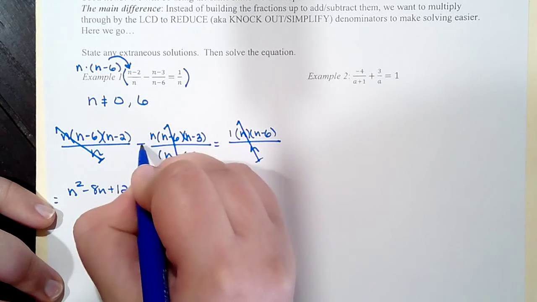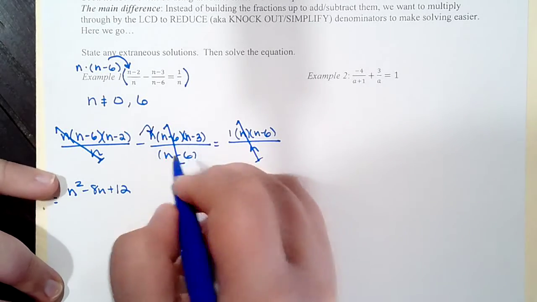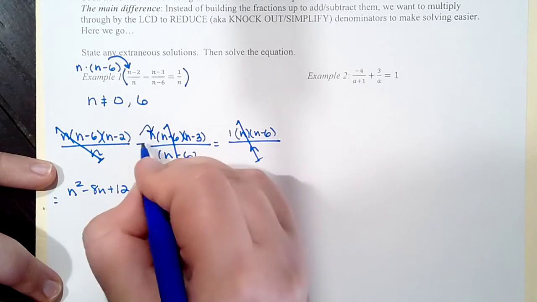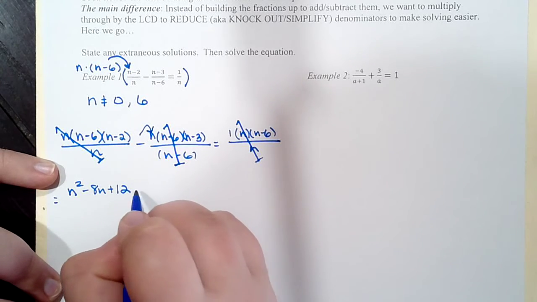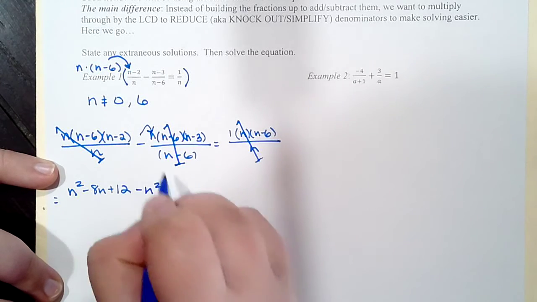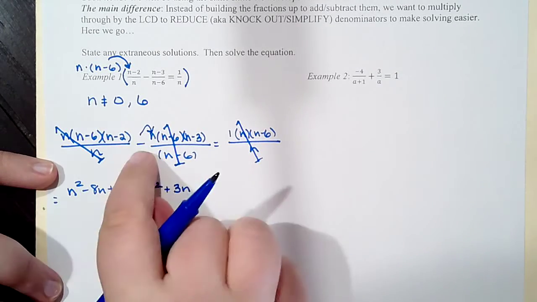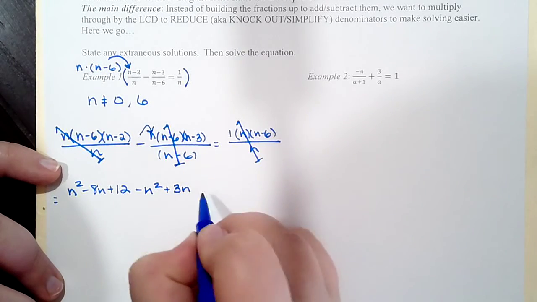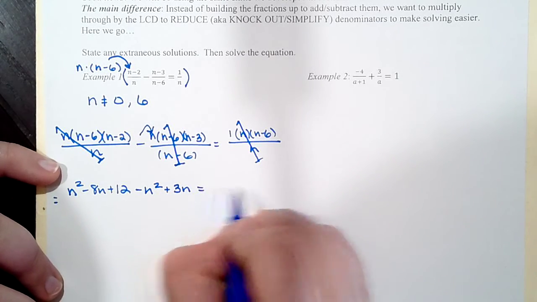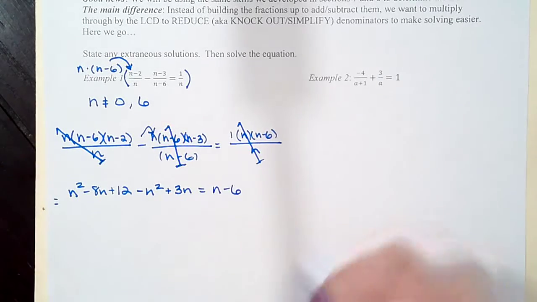Notice that negative has to be distributed to everything. The fast way of doing that is just multiplying negative n by n and negative 3. So it'd be negative n squared and positive 3n, because negative n times negative 3 is positive 3n. And there's nothing else in that term. And then, of course, 1 times n minus 6 is just n minus 6.